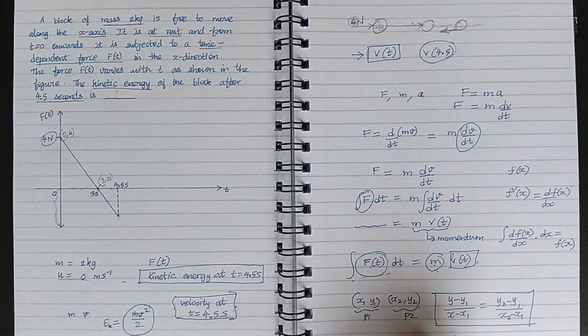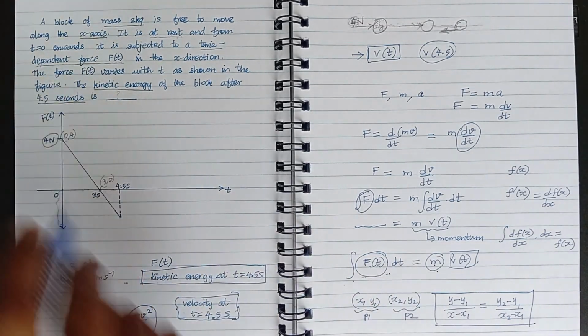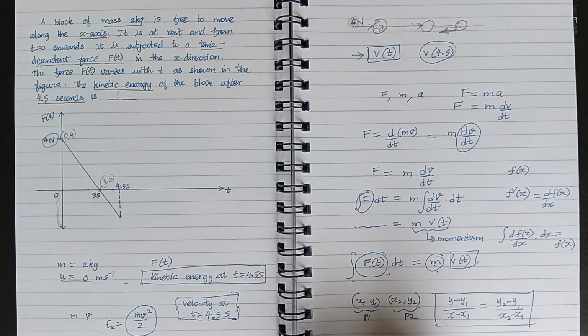Okay, so in this case x is nothing but time and y is the force, right? So what is (x1, y1)? Let's take this one, (x1, y1) is (0, 4).